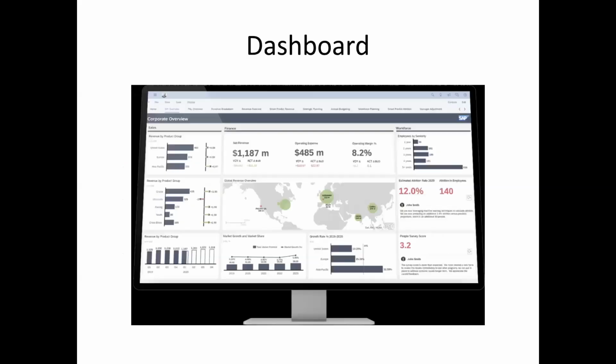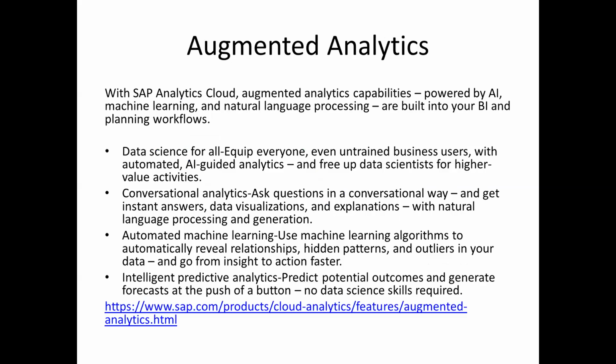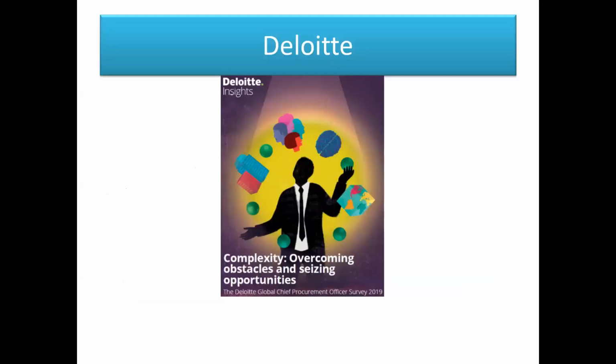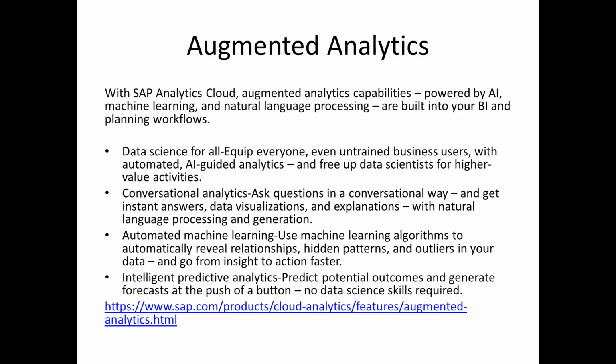There's a dashboard from SAP, and they've got augmented analytics with SAP Analytics, data science for all equipped, conversational analytics, automatic machine learning, and predictive analytics. So there's a whole raft of people trying to flog software and systems out there. You don't need to learn who they all are, but obviously if you're aware of what's out there, or can just cite an example, it could be useful.